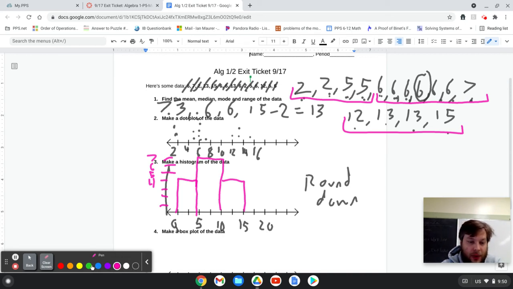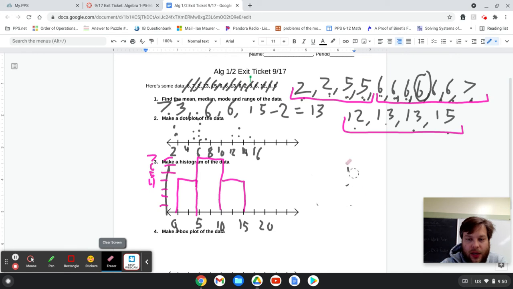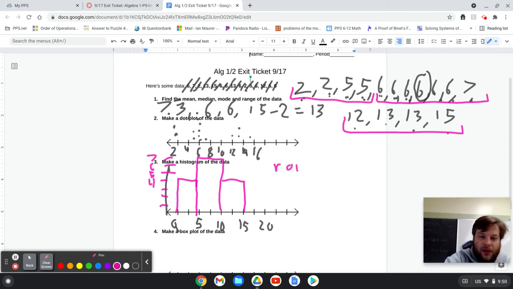And I'll do that for you here in green. So let's do this. I will label this pink one as a round down situation, and I'll draw a separate one in green as a round up situation. So the pink histogram is a round down.